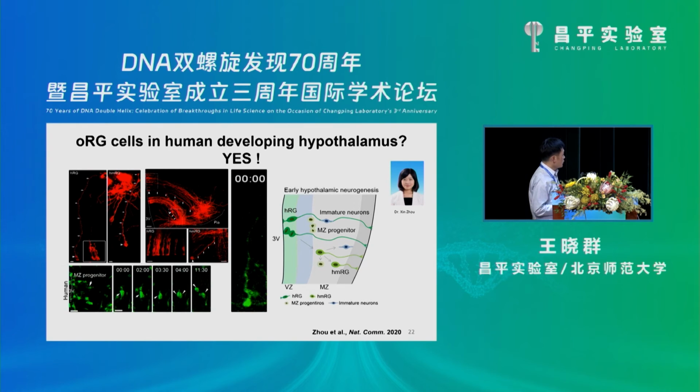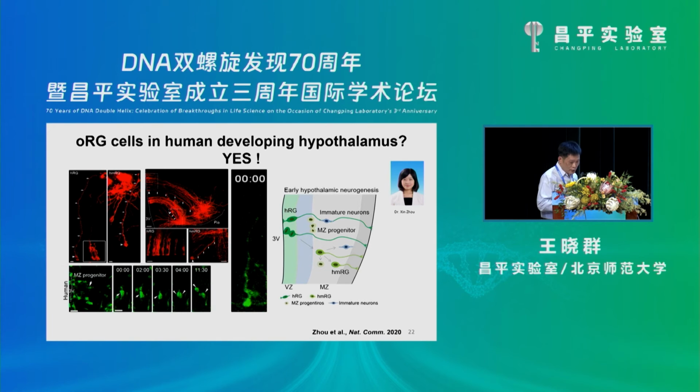Other than the lateral ventricle and the ventral part, if we look at the third ventricle, most of the radial glial-like cells generated there contribute to the hypothalamus. If we use some dye to backfill from the pial surface, we can see we can also pull out some cells with a monopolar shape, with only the basal fiber without the apical fiber anchored in the third ventricle, which might suggest that they are similar to ORG-like, OSVZ-like cells in the hypothalamus.